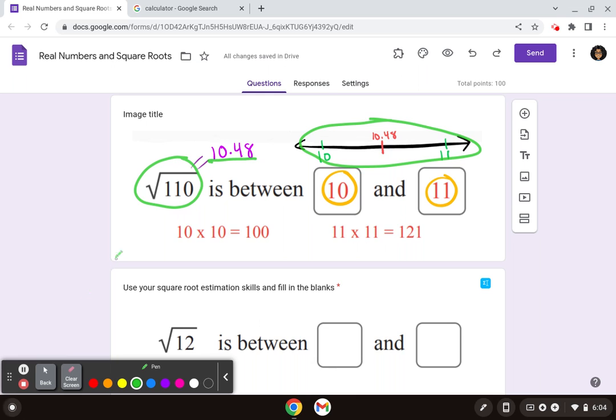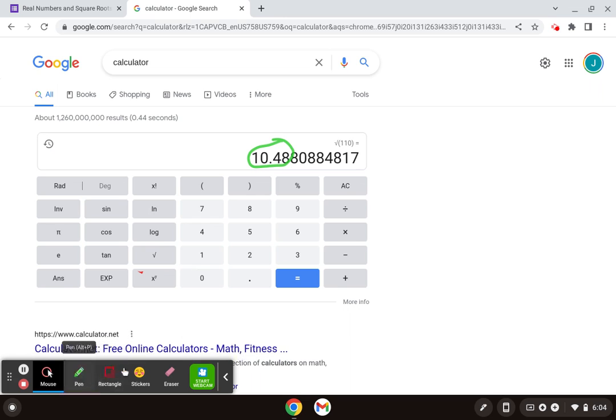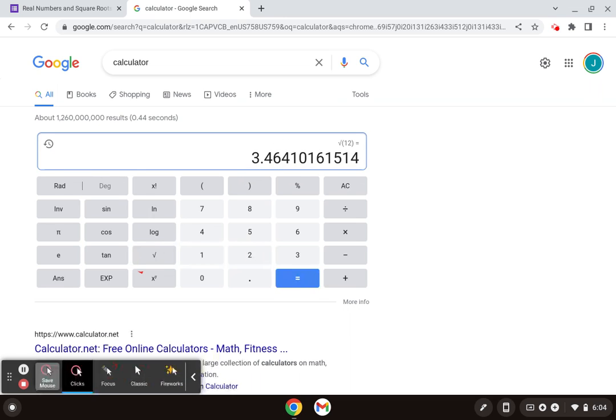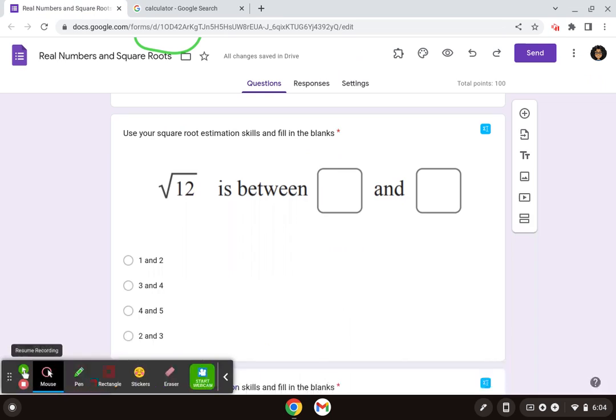Let's do one together, okay? Square root of 12. Let's type that in the calculator. That gives me 3.46. So let's go back to my paper over here.